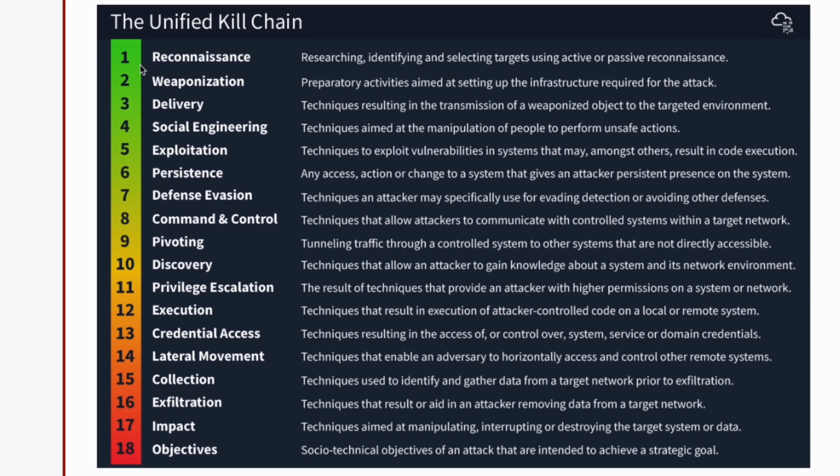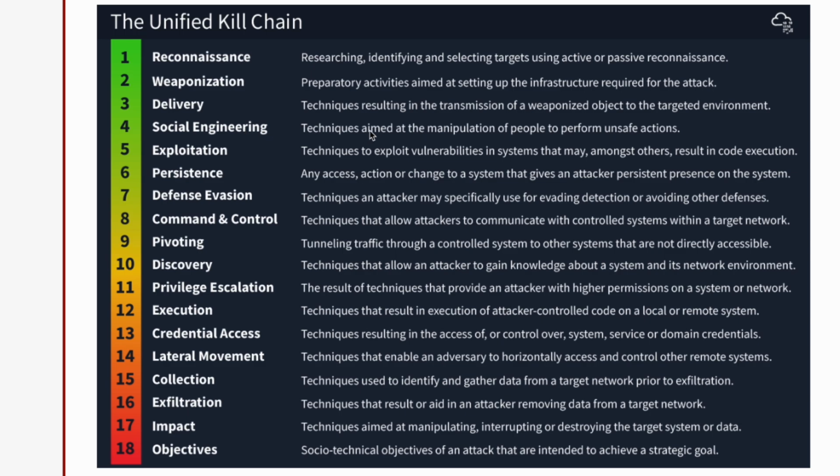So step 1 is recon, researching, identifying, and selecting targets. And you could do either active or passive reconnaissance. Then there's weaponization, preparing activities aimed at setting up the infrastructure required for the attack. Then there's delivery, the transmission of a weaponized object to the targeted environment.